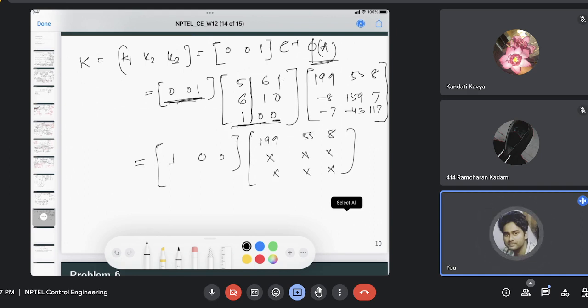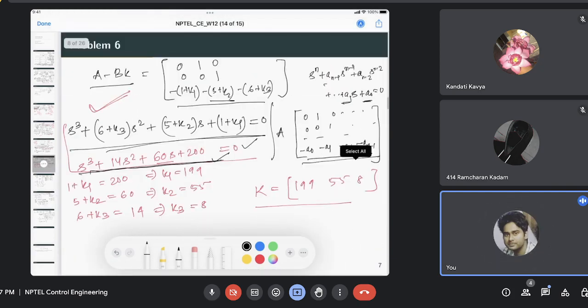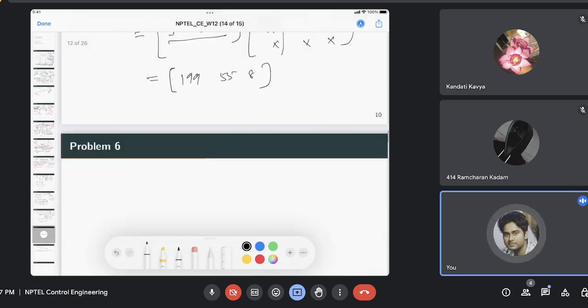If I multiply this with this, only the first row will come out, right? So it is 199 55 8. This is exactly what we obtained earlier using the direct method. You see that using Ackermann's formula we are also getting the same result.